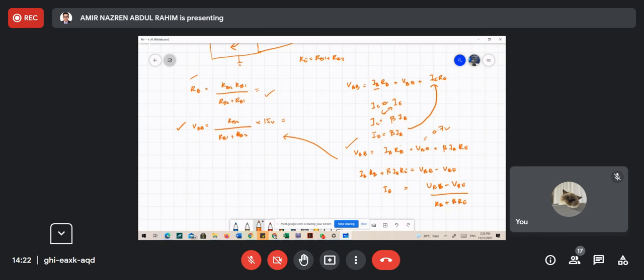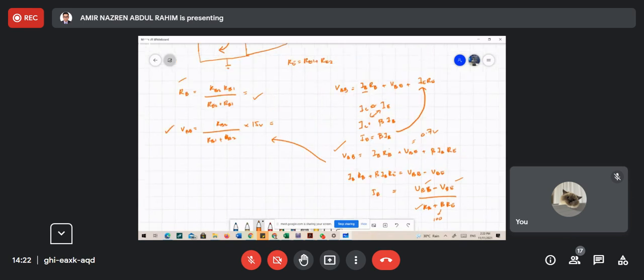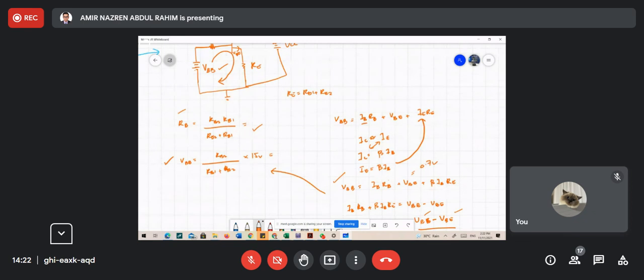So VBE we have, RB also we have, beta based on the lab model said beta equal to 100, and RE equal to RE1 plus RE2.